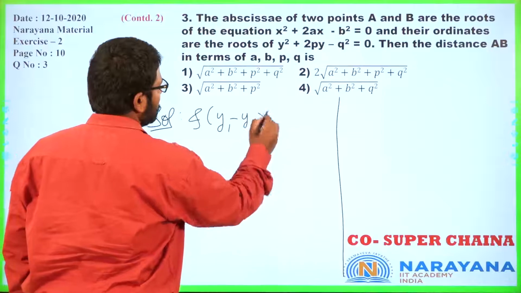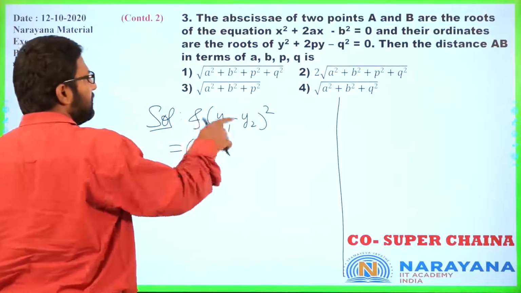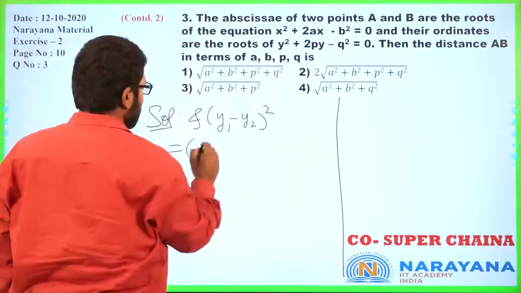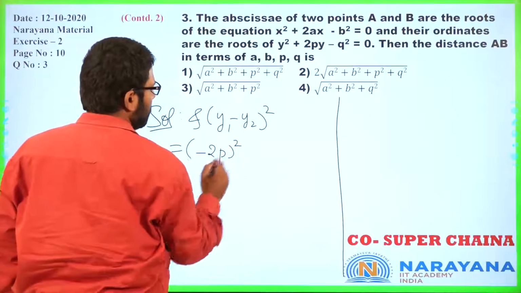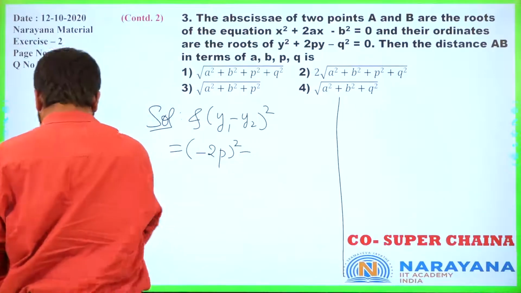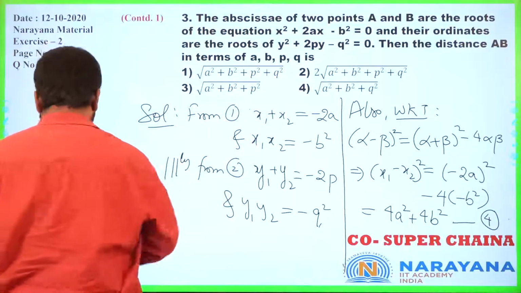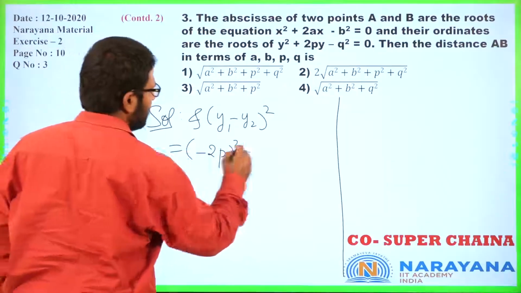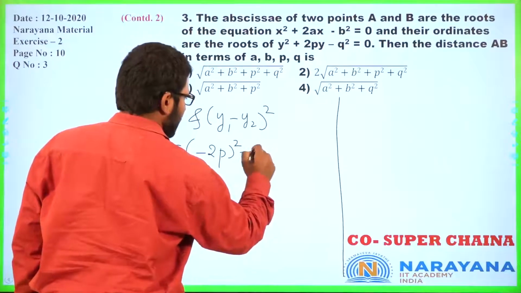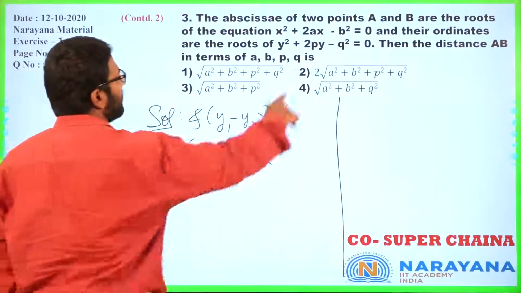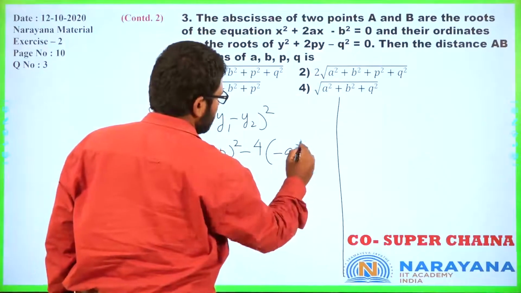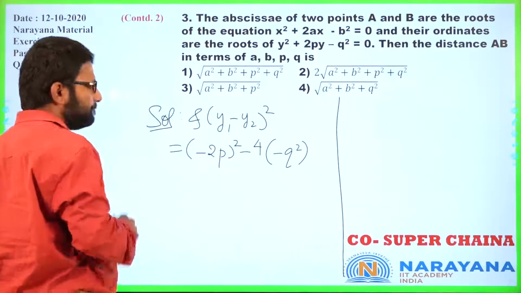And (y1 minus y2) the whole square would be sum of the roots the whole square. Sum of the roots is minus 2p, the whole square, minus 4 times product of the roots. Product of the roots is minus q square, right?